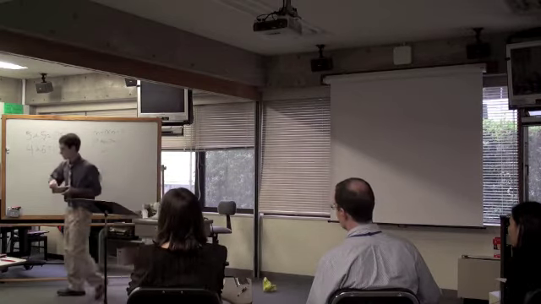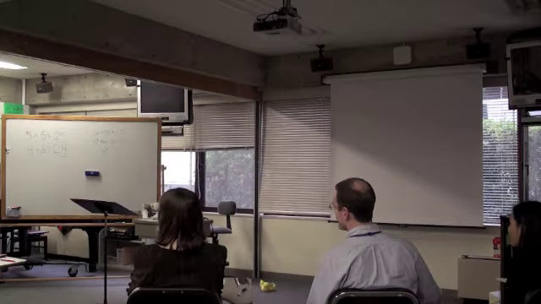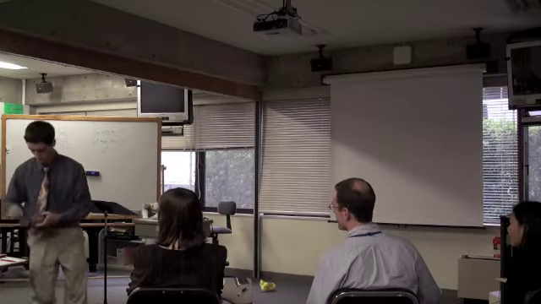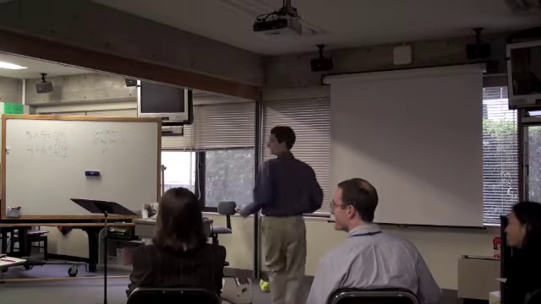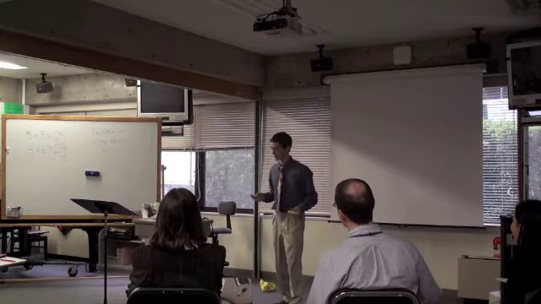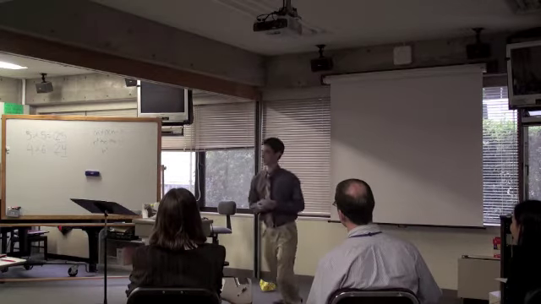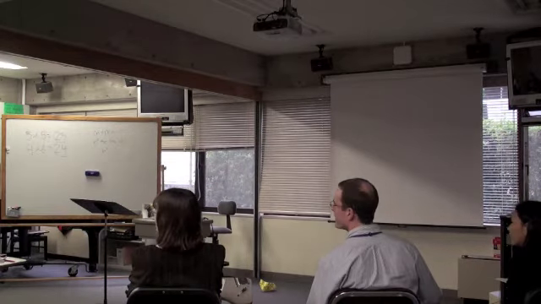Alright, so you get 3 cookies, and you get 3 cookies, and you get 3 cookies, and you get 3 cookies, and I get 3 cookies. We have 5 people, and they each have 3 cookies. Alright. Oh, but wait a minute. I'm giving a presentation. I can't have cookies. Okay. So you get 1 cookie, and you get 1 cookie, and you get 1 cookie.